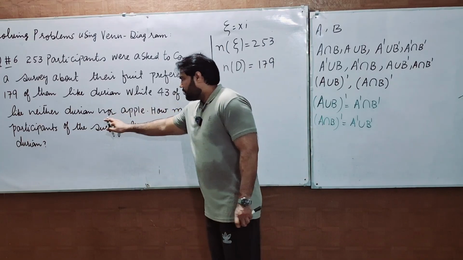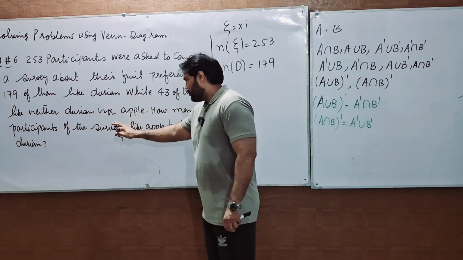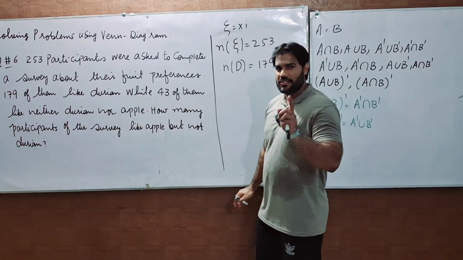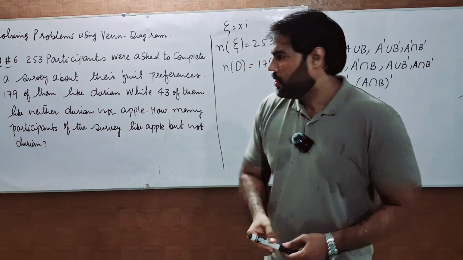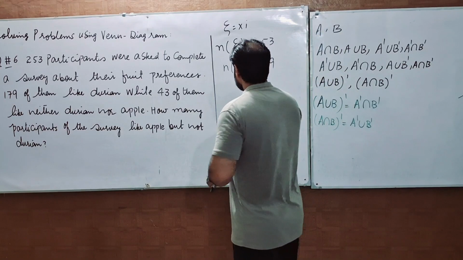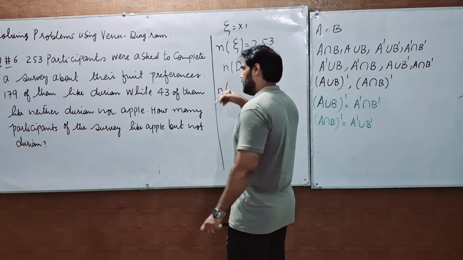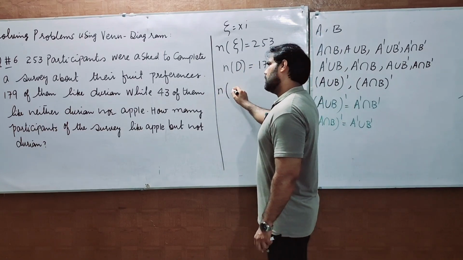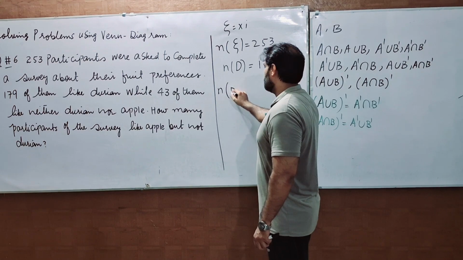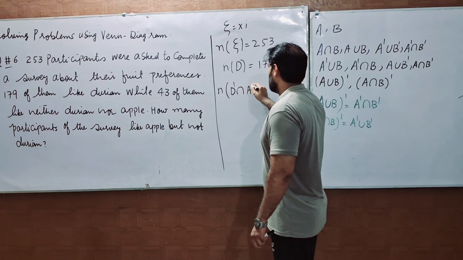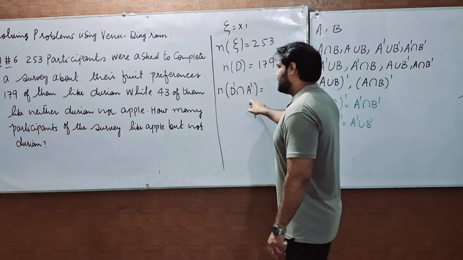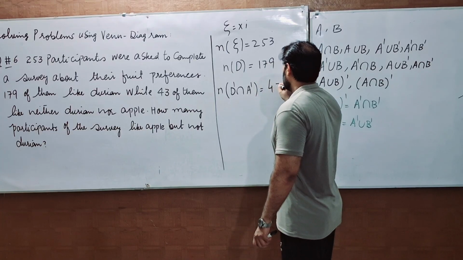While 43 of them like neither durian nor apple. Neither and nor, both of these words are used for complement. So this is the number of participants who like neither durian, meaning D complement, nor apple, meaning A complement. The intersection of these has a number given as 43 here.